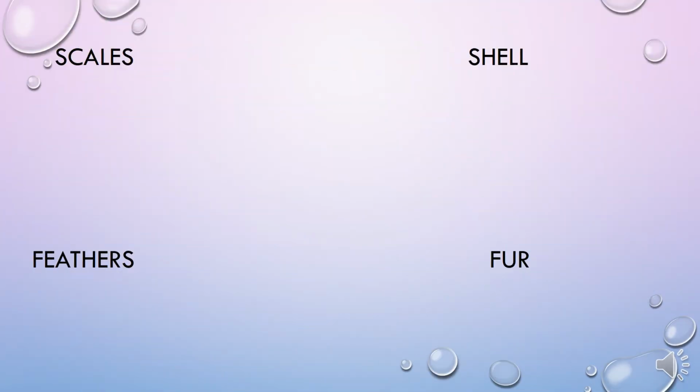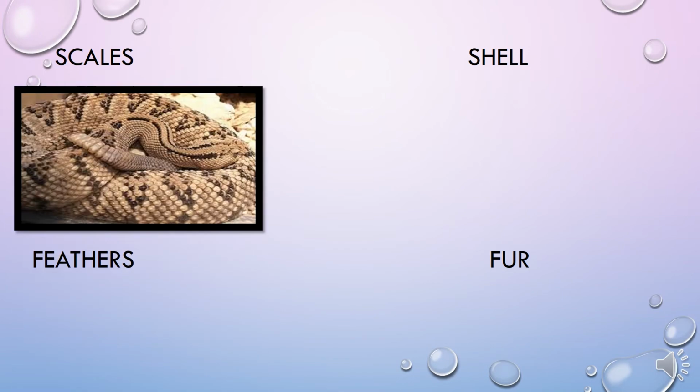The 4 types of body coverings are scales, shell, feathers and fur. What are scales and where are they present? The example is the snake. The bodies of some animals like reptiles and fishes are covered with scales. The scales may vary according to the shape, size and structure of the animals.